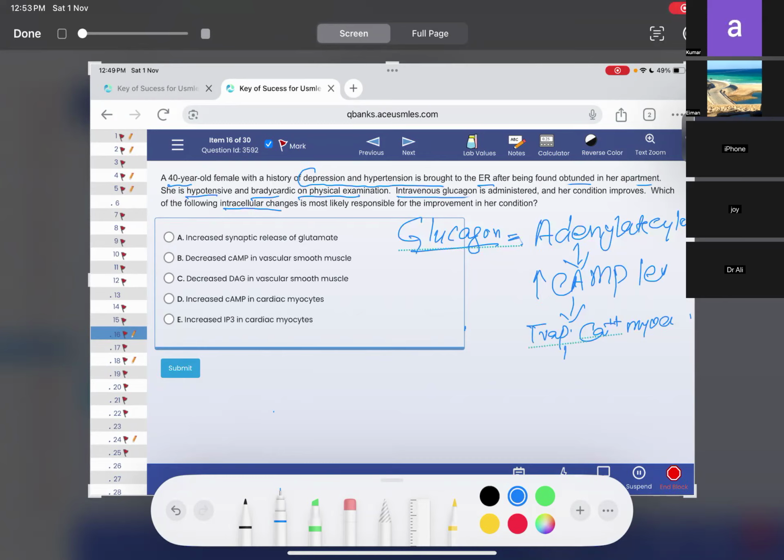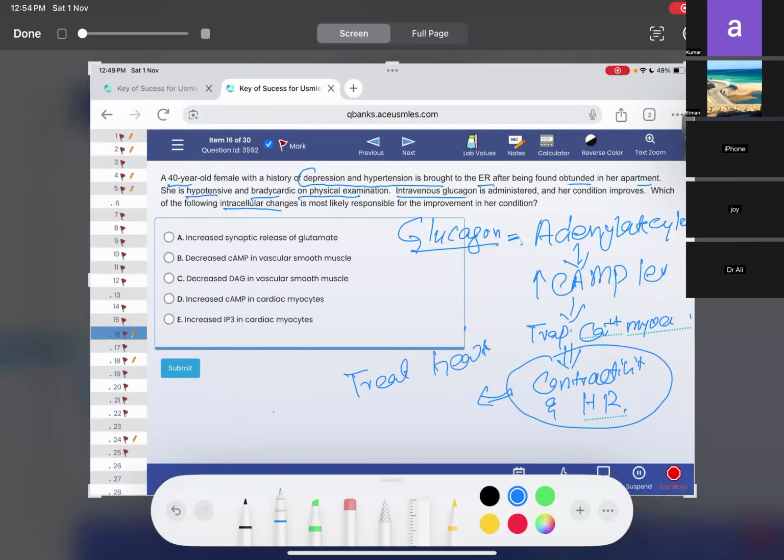Whenever the calcium level is increased inside, it will increase the contractility and heart rate as well. So by this way it will treat the heart, because the beta blocker already occupies the beta receptors.